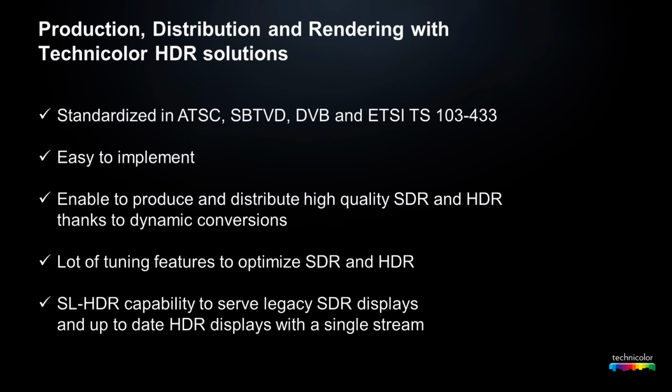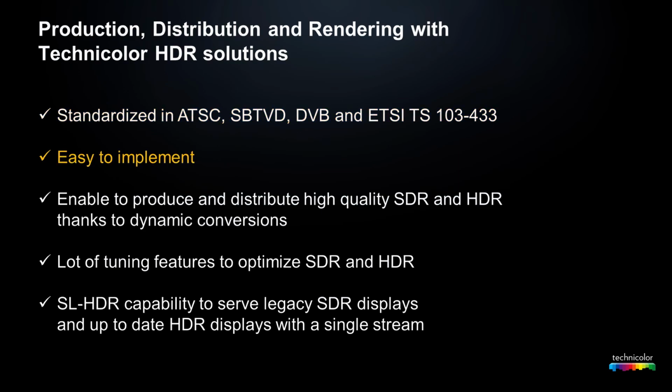Thank you for your interest in this hands-on demo. In summary, we have demonstrated Technicolor HDR solutions and the SL-HDR distribution format standardized in ATSC, SB-TVD, DVB and fully described in ETSI TS 103433.